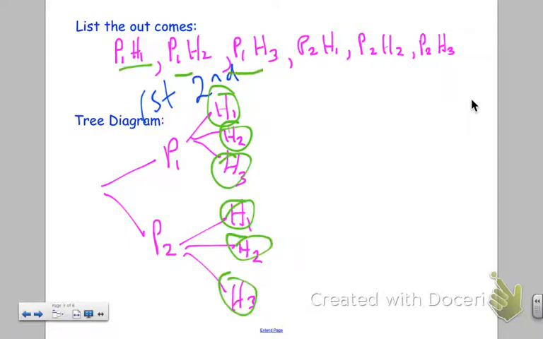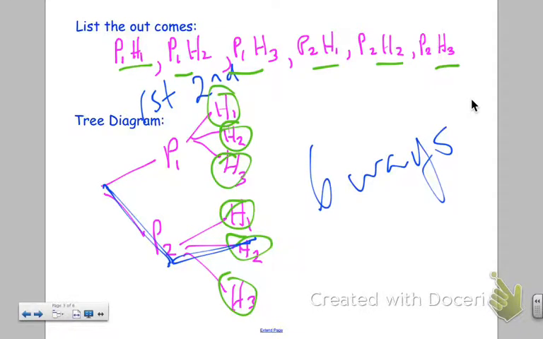So we listed out all 6. Since there are 6 ends to the branches, and each one of these would be considered a single branch, that indicates Route 2 to Pepperell and Route 2 to home. 6 ends gives you 6 ways, or 6 outcomes.